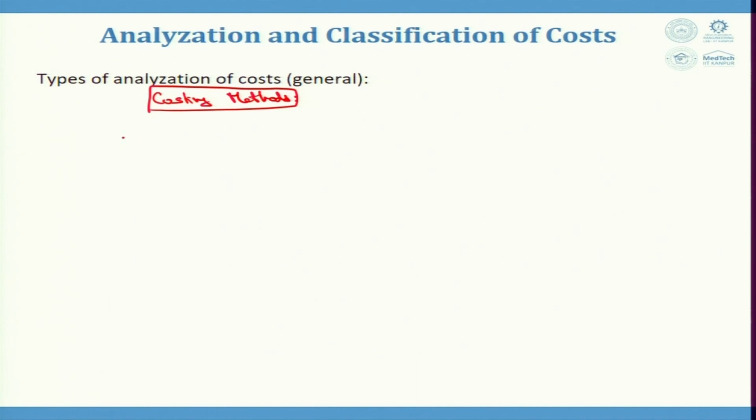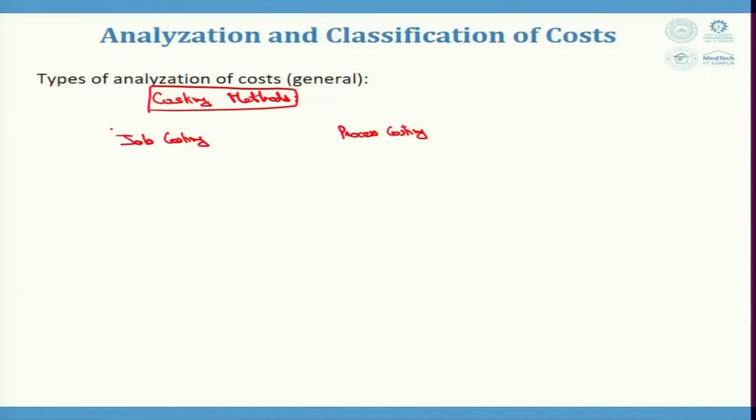There are two major methods when we talk about general costing. Number one is job costing. Number two is process costing. We will also talk about the top down, bottom up and parametric costing methods.